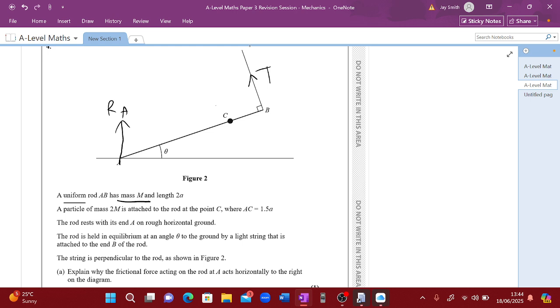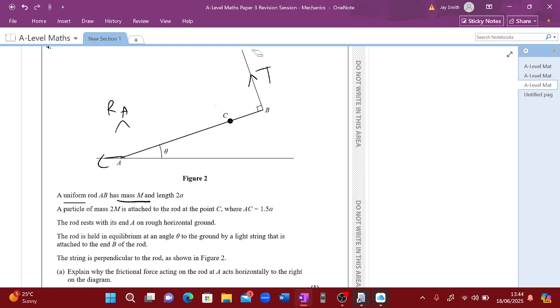This ground is also rough, so it's going to have friction. Now let's have a think about this. Imagine it's being held in equilibrium, but think about it. This rod is going to kind of slip this way, isn't it? And the only thing that's stopping it from slipping at the moment is the tension that's pulling it up here.